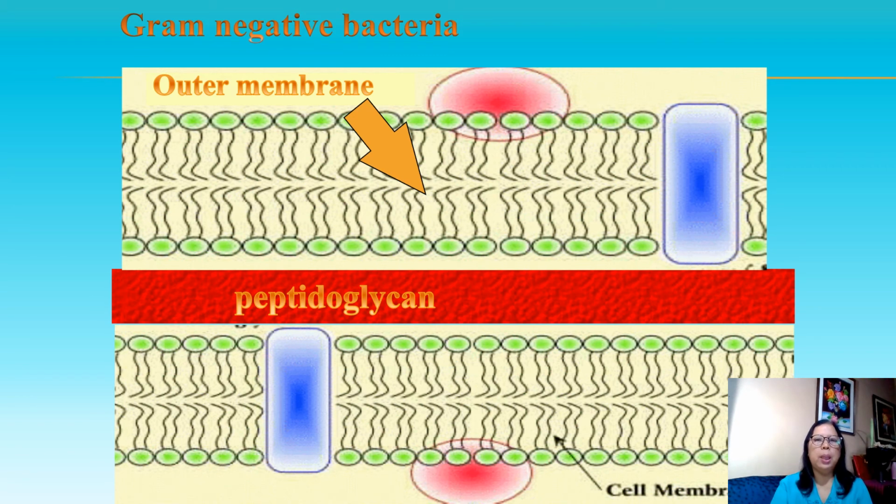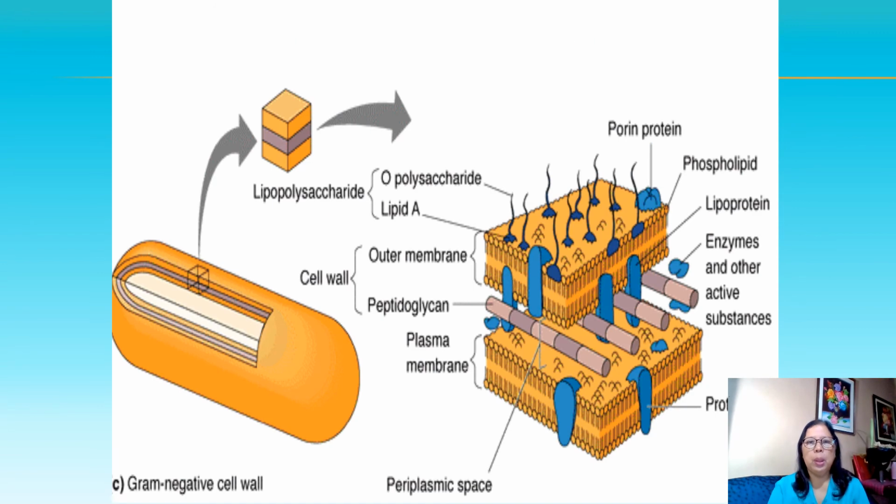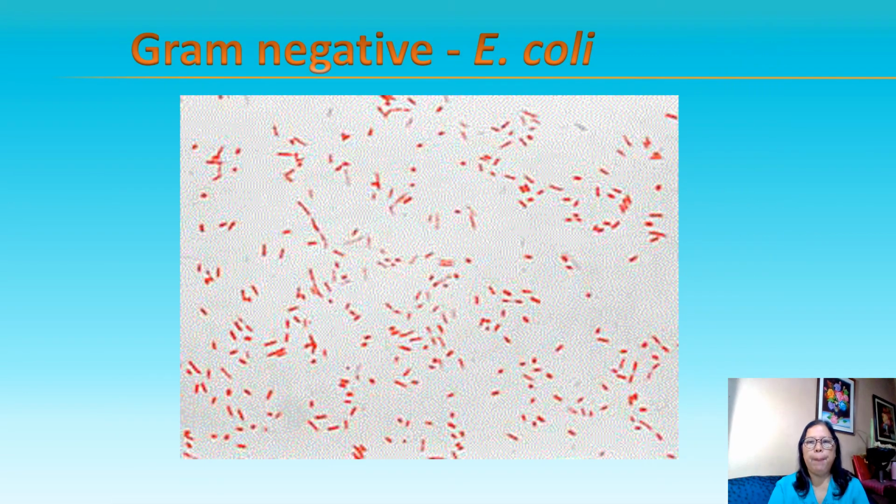Okay, but a gram-negative microorganism absorbs the violet or the blue dye, but it maintains the pink color outside the cell membrane. Thus, if you observe that under the microscope, it will look pink. So here is your gram-negative.